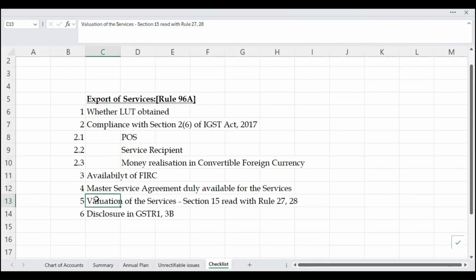Whether I complied with Section 15 read with Rule 28, whether valuation is proper, and which column I have disclosed, like GSTR-1 table 6A, in GSTR-3B 3.1B or 3.1C, where I have to disclose. So this is a simple checklist which I have prepared with respect to your compliances.